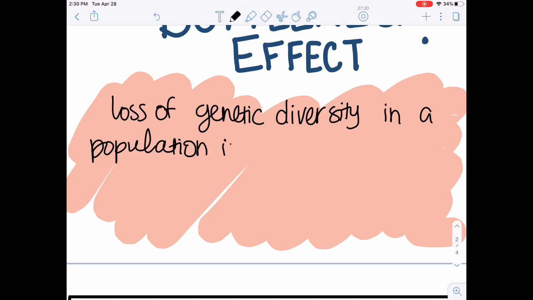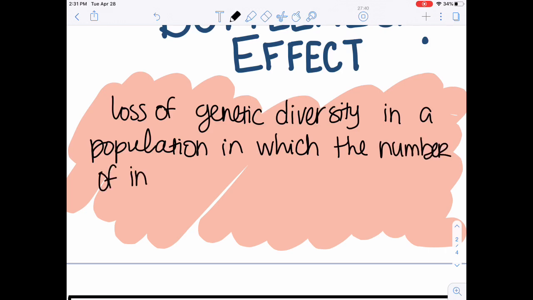This happens when the size of a population is reduced, leaving just a few to reproduce and reestablish the population. The perfect example for this is one we've talked about already, Darwin's finches from the Galapagos Islands and Daphne Major.